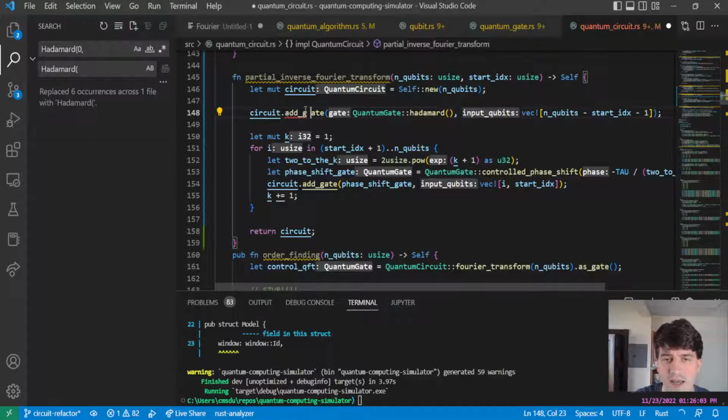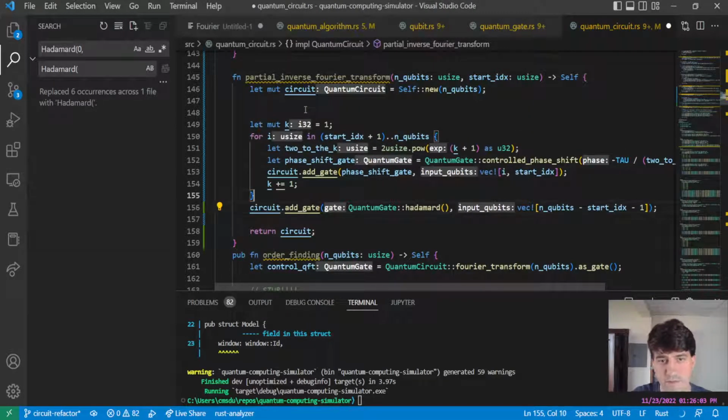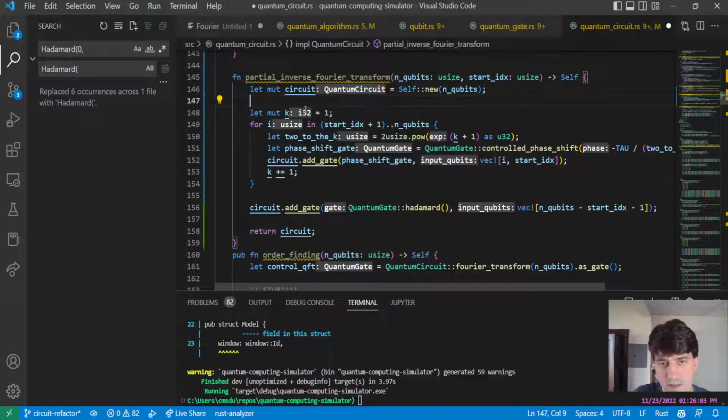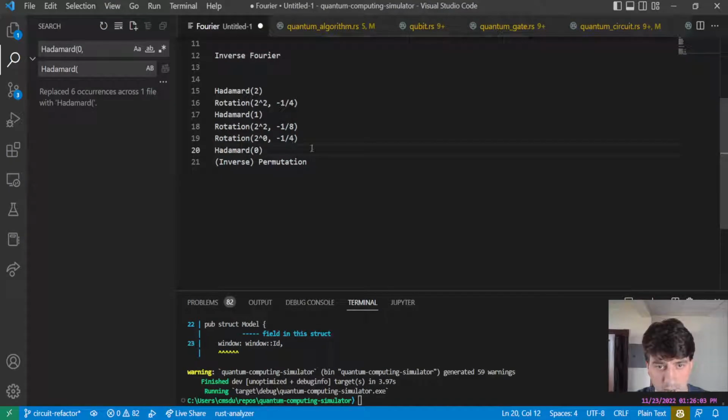It's going to be easiest if I add my Hadamard gate at the end, which is the reverse of what I did before, so that's kind of nice. And then we want to go from n qubits, n qubits minus 1, n minus 2, to n minus 1 to n.